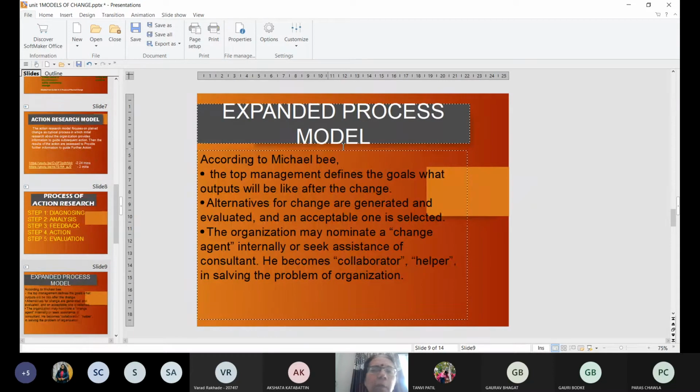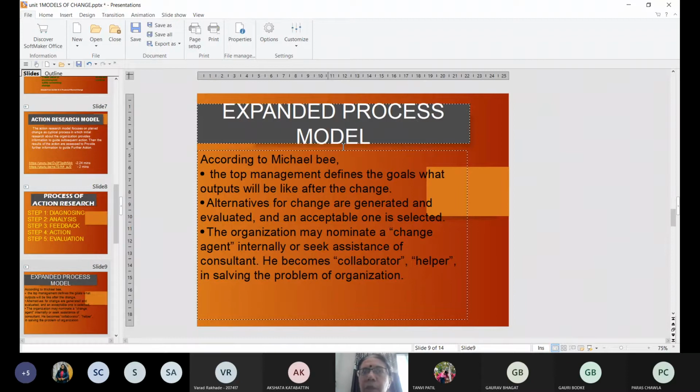Now we come to the third model. Third model is the expanded process model. In the expanded process model, the top management will define what should be the output after change. Okay, so top management defines the goals, what outputs will be like after the change.